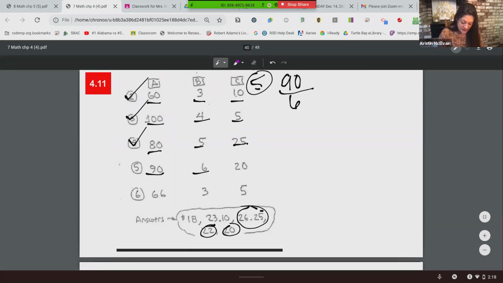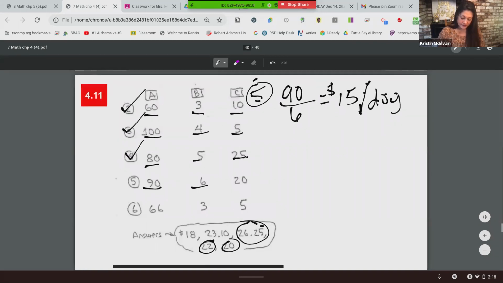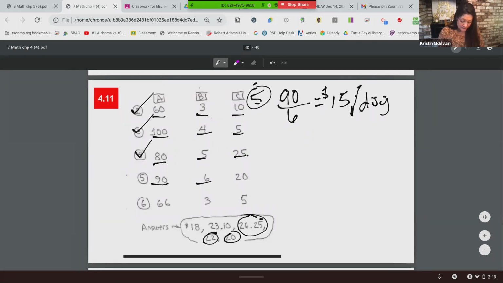Divided by 6 dogs. Maybe it's operator error, so I'm having a hard time. 90 divided by 6 is $15 per dog. Okay, so now 20% raise.